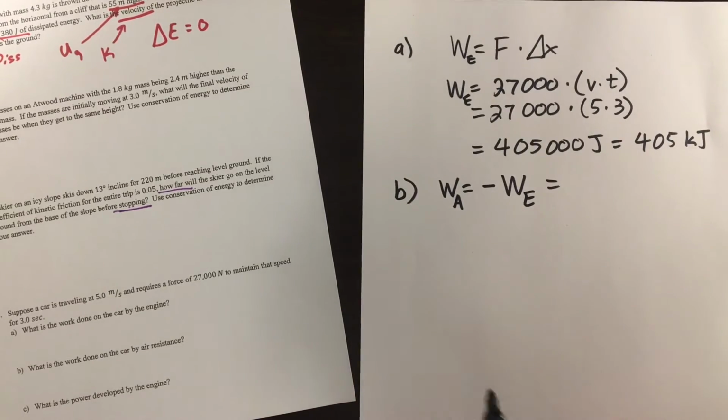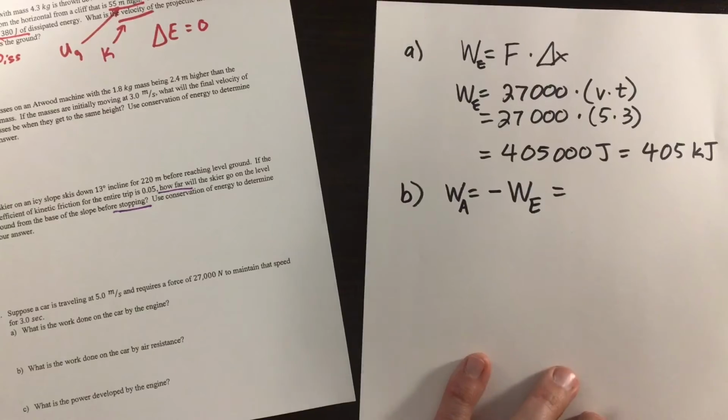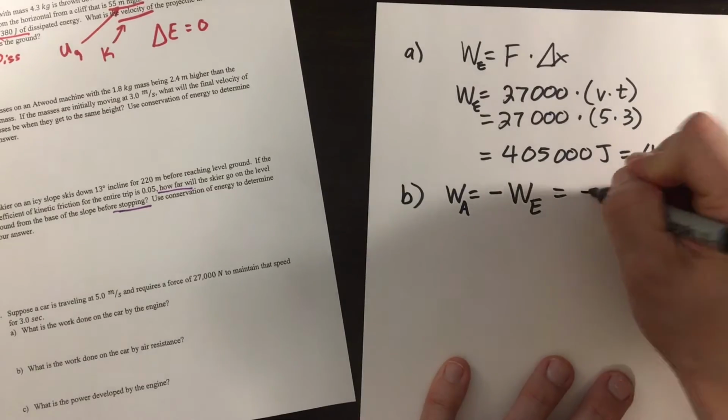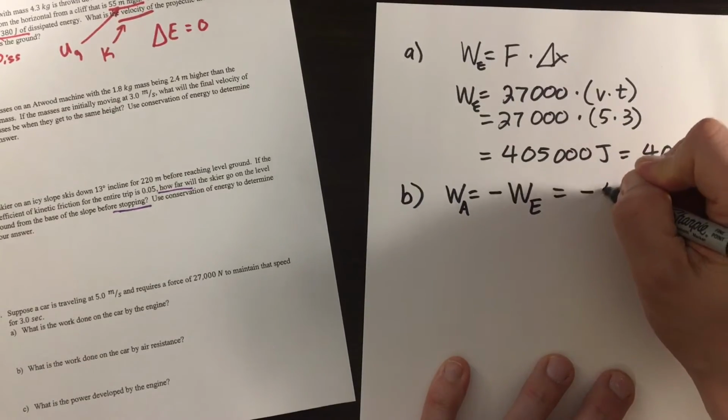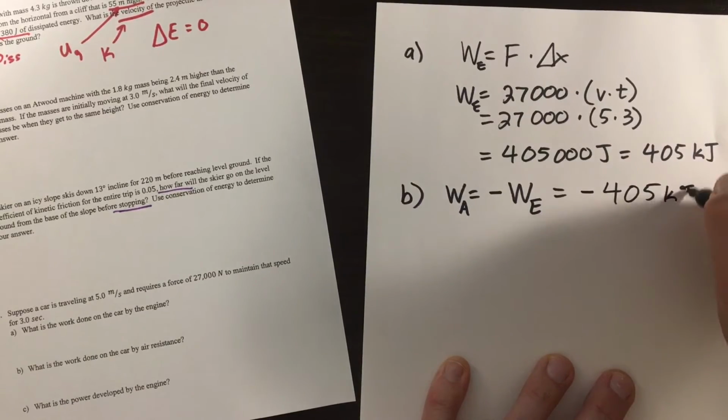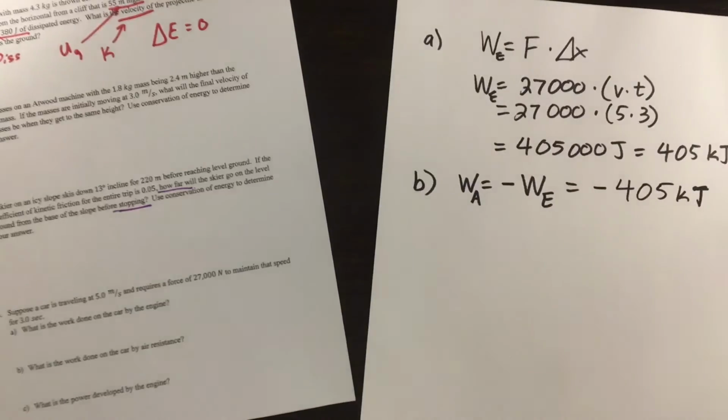If you remember the work-energy theorem, the total work done equals the change in kinetic energy. The forward force does positive work, and the backward force, the air resistance, gives us negative work. So negative 405 kilojoules.